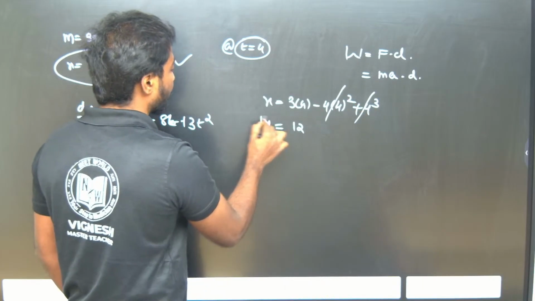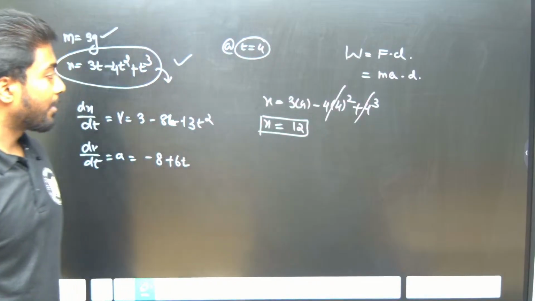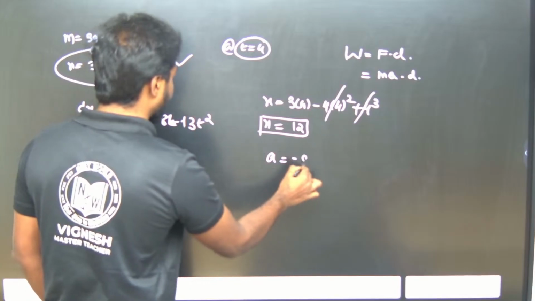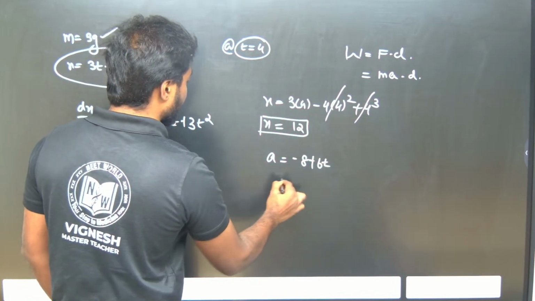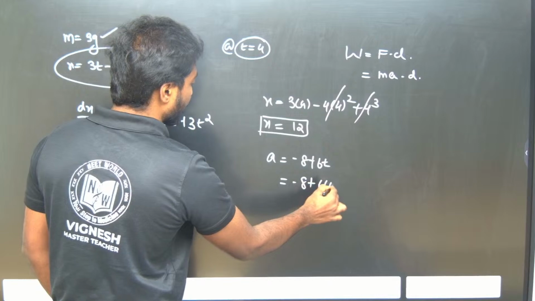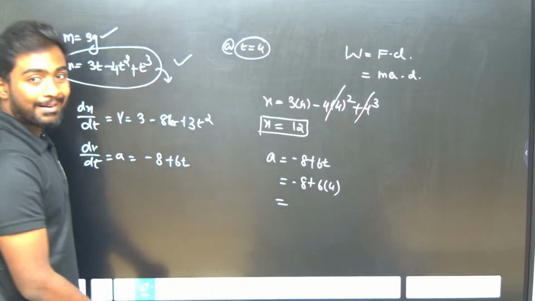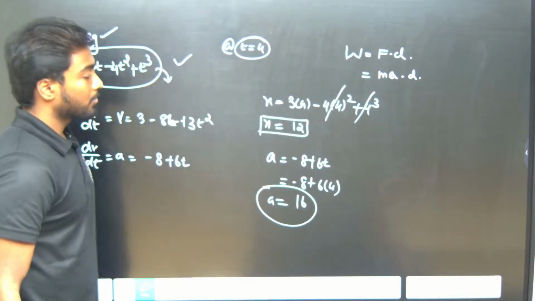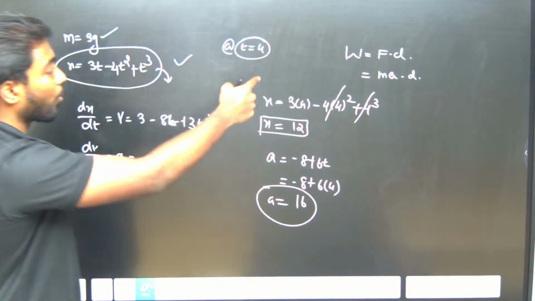So x is equal to 12. What about acceleration? a is minus 8 plus 6 into 4, which is 24 minus 8, so a is 16.